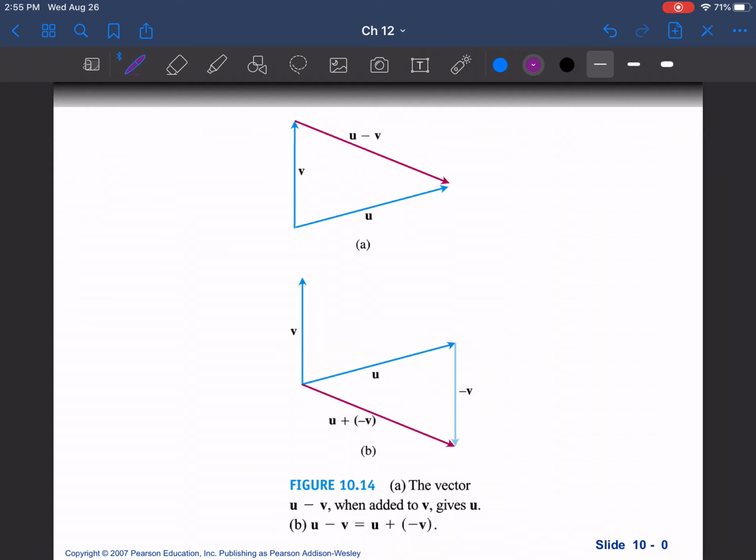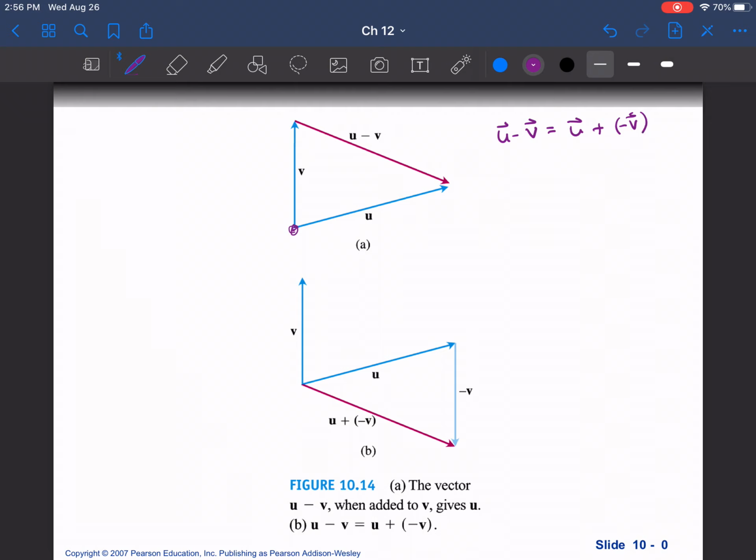So here's one way to look at subtraction, is to put the initial points together and do it like this. I'm not a big fan of that. What I prefer is to think U minus V equals U plus negative V, right?